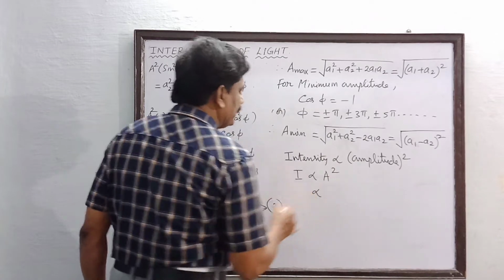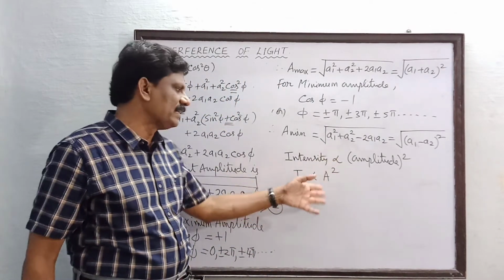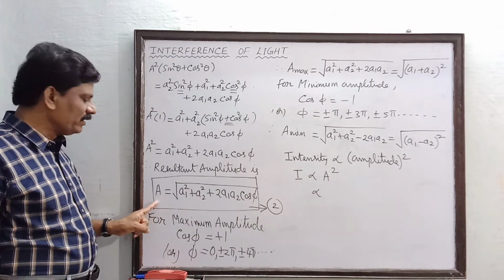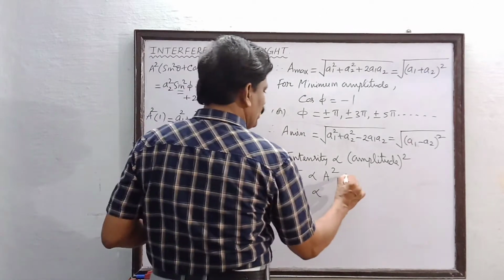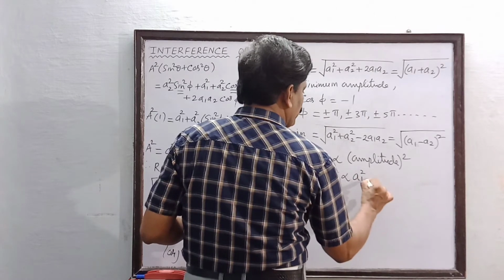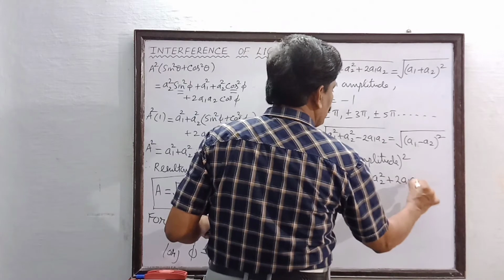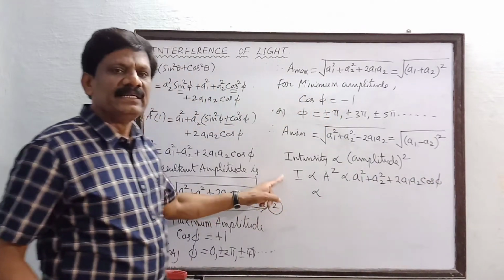So the resultant intensity is proportional to the square of the resultant amplitude. So what is this resultant amplitude you see here? I am going to write the square of this. So this is proportional to A1 square plus A2 square plus 2A1 A2 into cos phi. This is the resultant intensity.